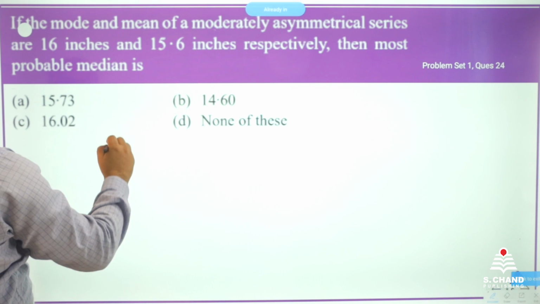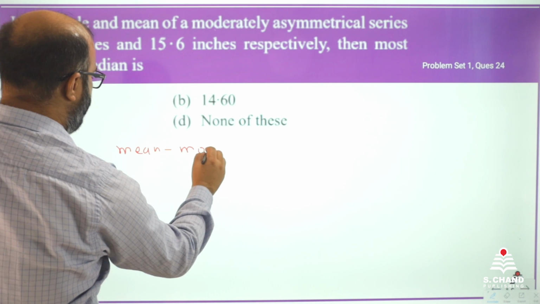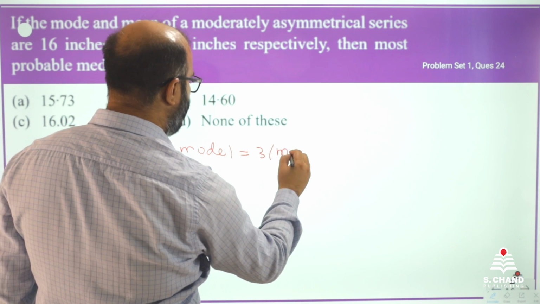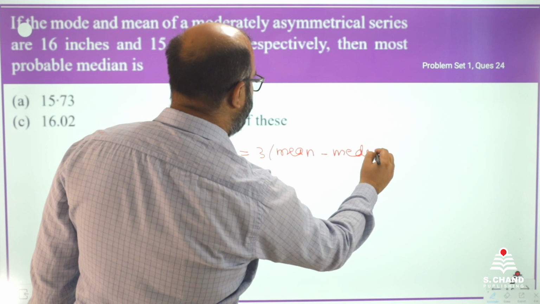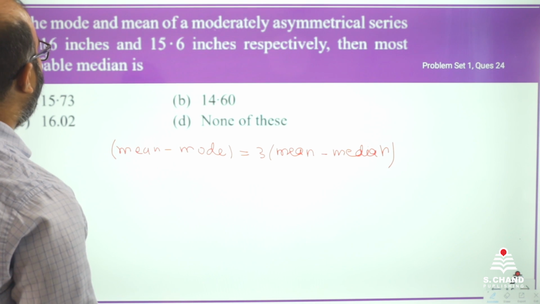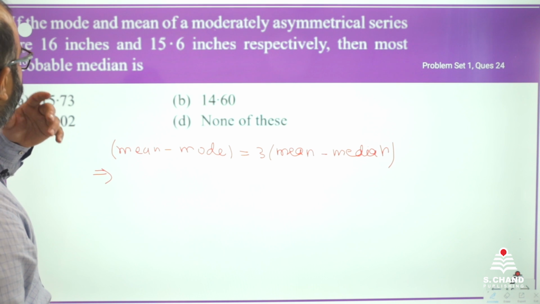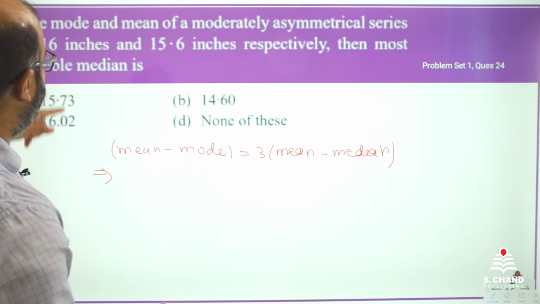The formula says that mean minus mode is equal to 3 times of mean minus median. So according to this formula, mode and median are given, 15.6 and mode is given 16.